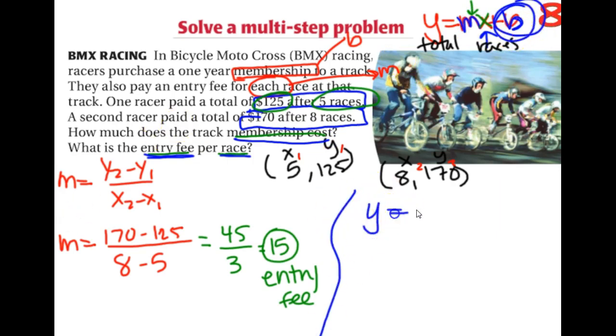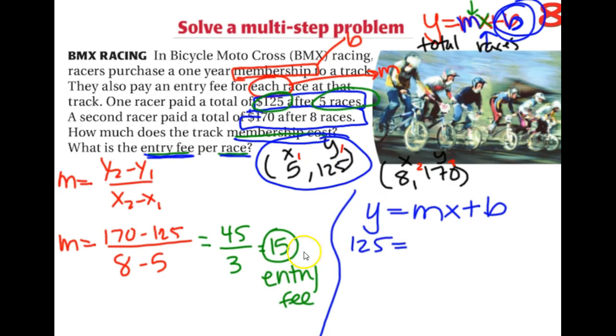So we know the equation y equals mx plus b. I'm going to use one of our points, this one, because the numbers are smaller. So y is 125, our m we just found is 15, times x, which is 5, plus B. 15 times 5, well, 10 times 5 is 50, and 5 times 5 is 25, so that gives us 75.